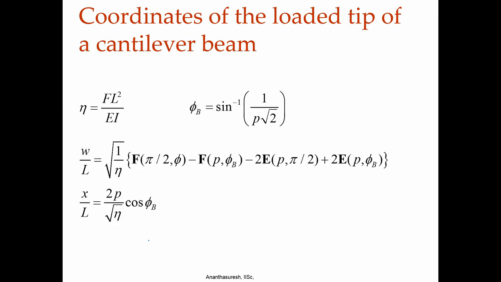Let us look at this loaded tip and its coordinates, so that we can trace it. We call it the locus of the loaded tip as the force is increased from 0 to some value, and how the cantilever deforms is what we have seen. Now, let us pay attention to the locus of the loaded tip. For that, we start with this non-dimensional number eta, and then this phi b, which has p in it, that p we have to find as we just said. Once we find that p, phi b is known to us.